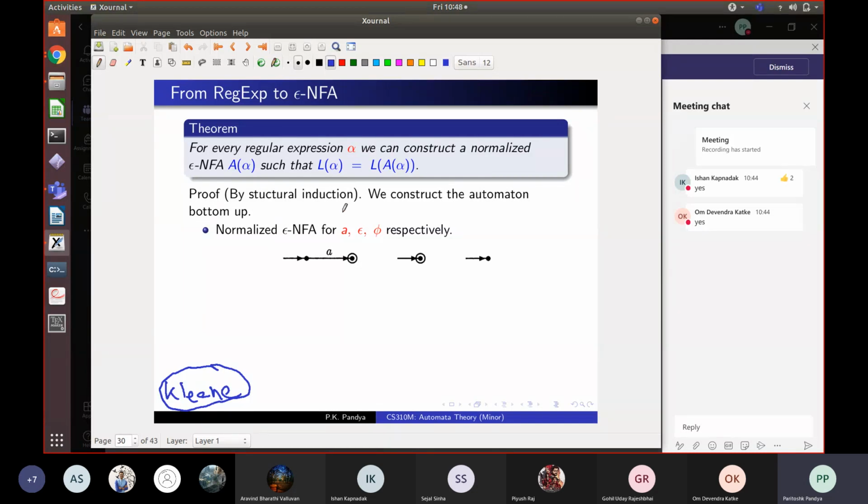So I have three patterns, the single letter A, and that is actually accepted by this normalized epsilon NFA. It has two states, S and T, right? And S is the start state, T is the final state, and there is a single transition on an A from S to T. If any letter occurs after that, you reject. If any letter other than A occurs, you reject. Right?